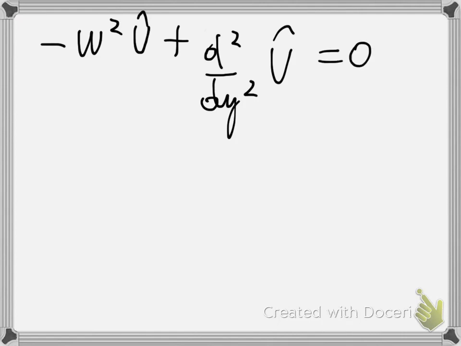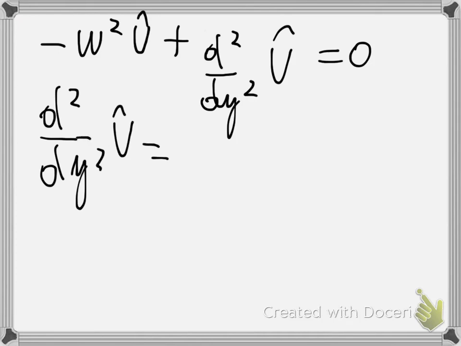Okay, so now we can rearrange our equation. So we will get that the second derivative with respect to y is equal to omega squared times our u transformed.